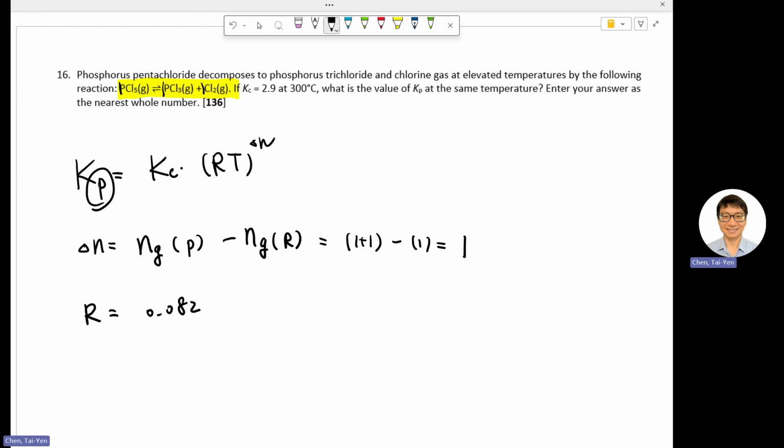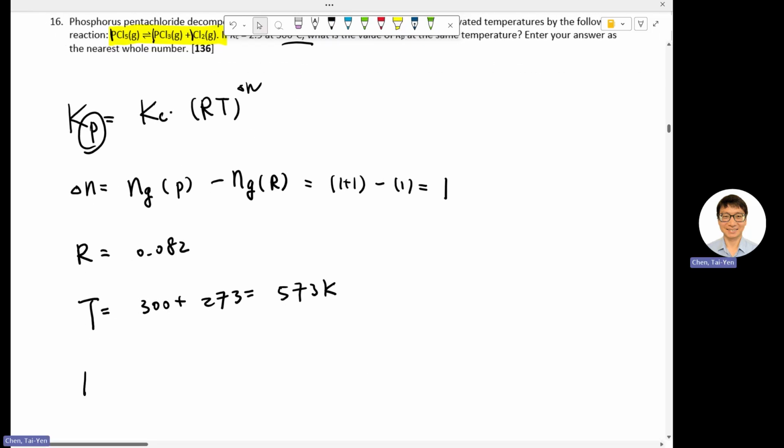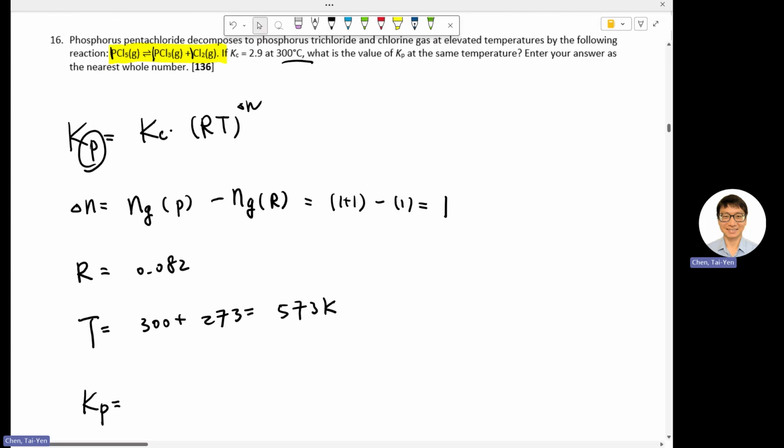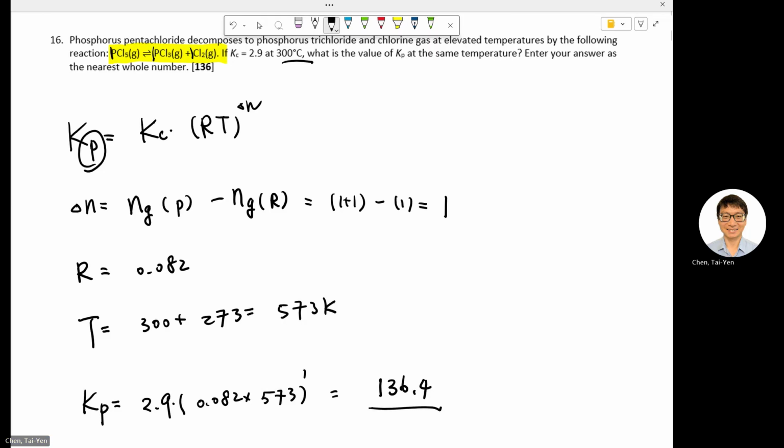Temperature is 300 degrees C, but you want to convert into K, right? 300 plus 273, that's 573 K. Once you have all this information, your Kp simply equals Kc, which is 2.9, times R, which is 0.082, times T, which is 573 to the first power. If you do that calculation, you'll get 136.4. And that will be your answer.